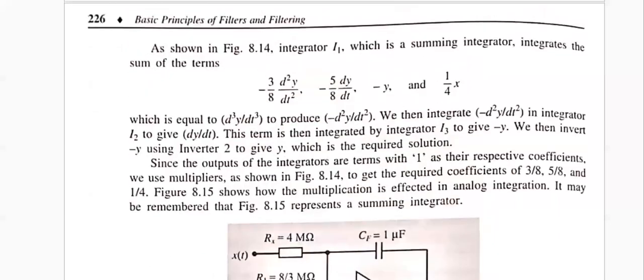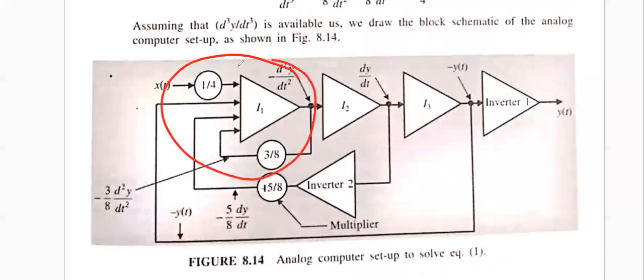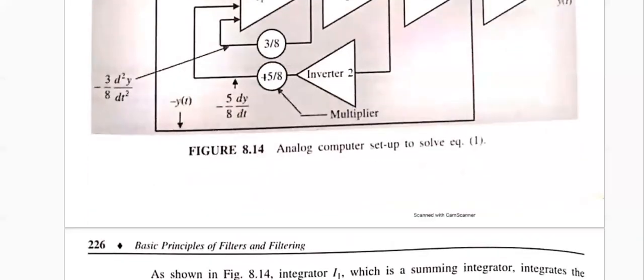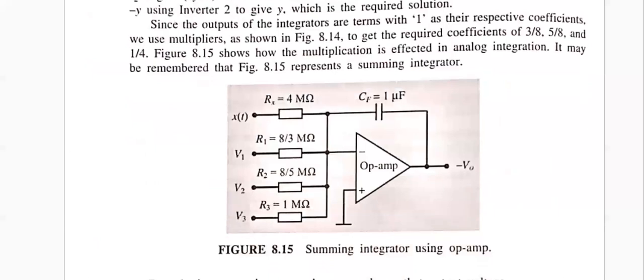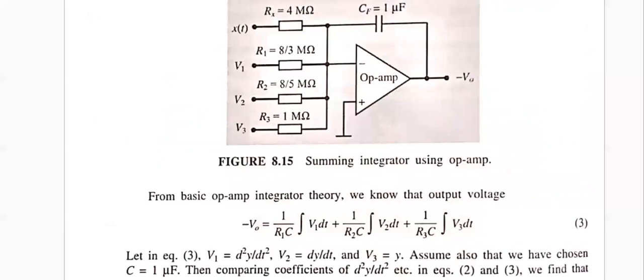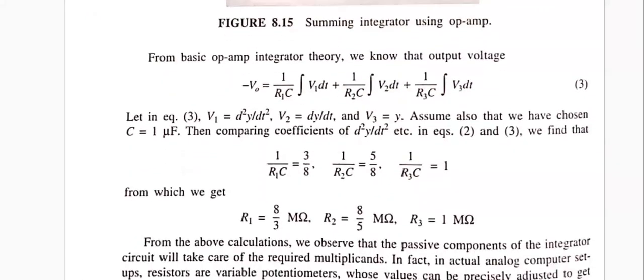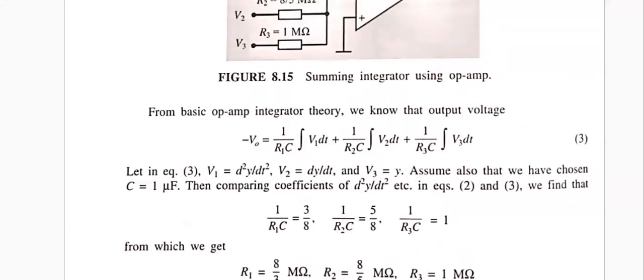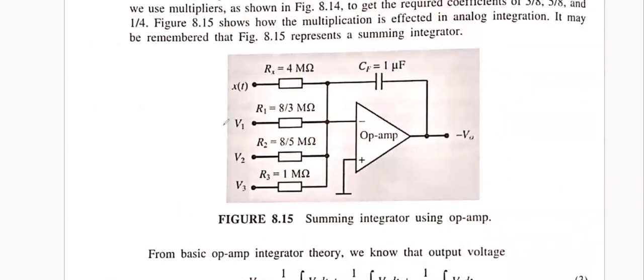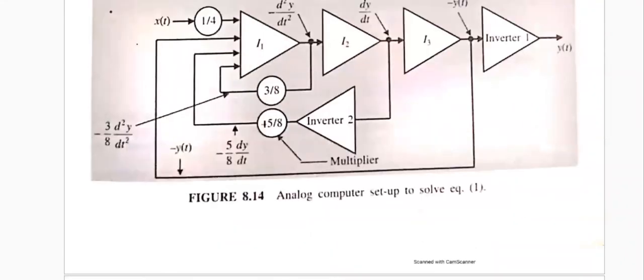We can present this core part of the differential equation solving block diagram. And of course, by doing the integration, we got this output minus V0, and from each and every branch, we can also find the proper value of the R to execute this number.